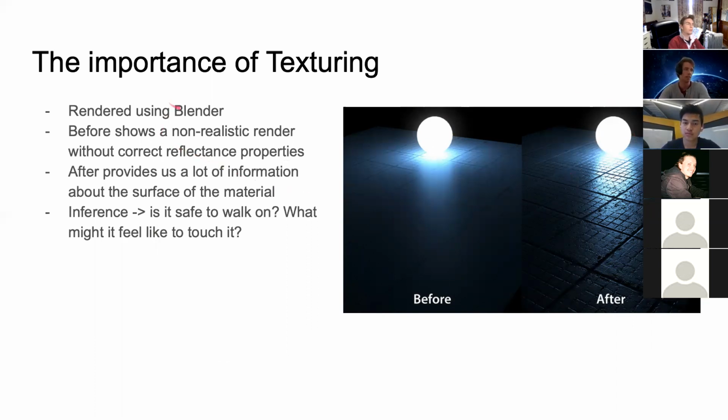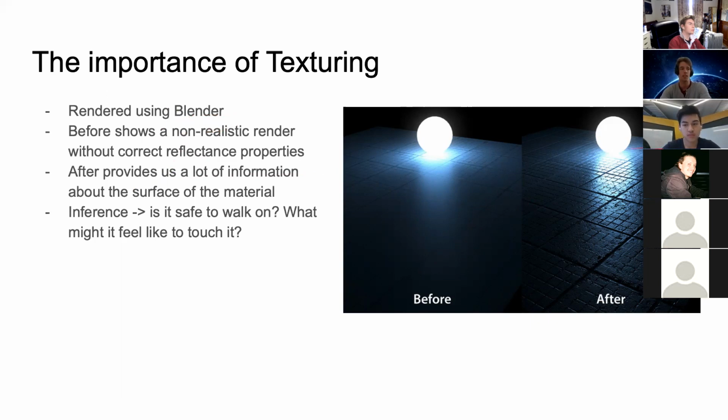This is done using Blender, which is a rendering engine. And basically the only real difference between these two images is that this texture has reflectance qualities, and this image does not. That is actually the only difference in the rendering.